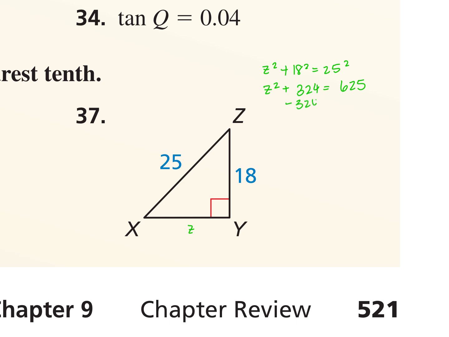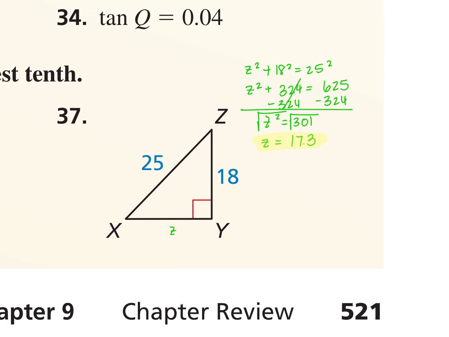Subtract 324. I'm going to get z squared equals 301. Square root it. Rounding to the nearest tenth, I'm going to get 17.3. And that's for my side.